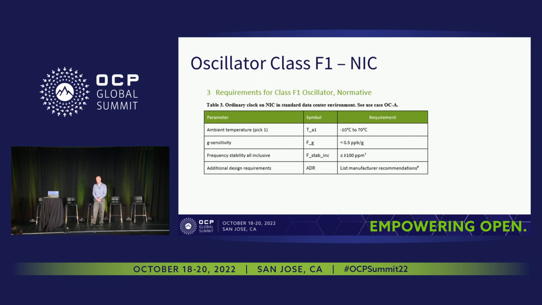Eventually, if synchronous Ethernet makes its way into the data center, then it could switch to become a TCXO. But today we're seeing an XO, and typically the stability is what you're seeing here, 100 ppm. That's all inclusive, so it includes aging effects, thermal drift, wander, and so on. So the specification today is fairly loose. That gets us down to about a 1 microsecond time error in a NIC card.